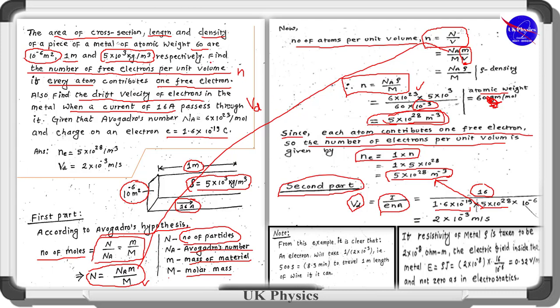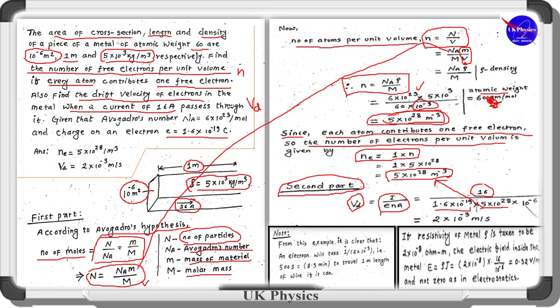So from this example we have two conclusions. The first one is, from this example it is clear that an electron will take l divided by 2 × 10⁻³. This is the drift velocity, and l is the length of the distance.